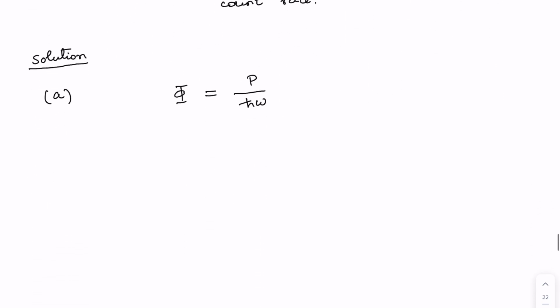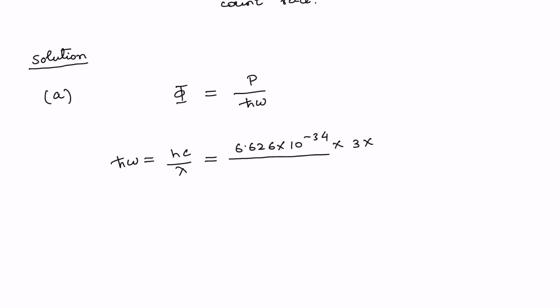Now you can write h bar omega as hc by lambda, and you can calculate this quantity because all the quantities are given. h is equal to 6.626 into 10 to the power minus 34, and c is equal to 3 into 10 to the power 8 meter per second, and lambda is 633 nanometer, so that would be 633 into 10 to the power minus 9 meter.